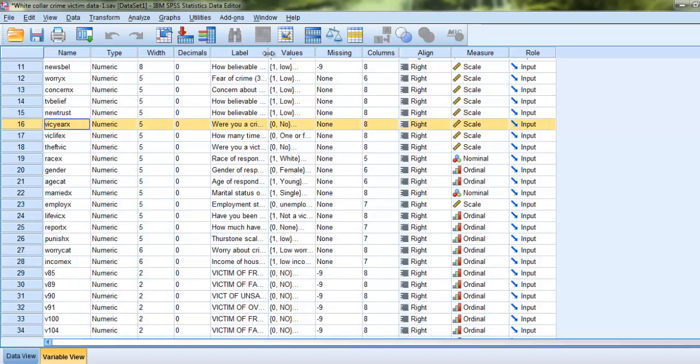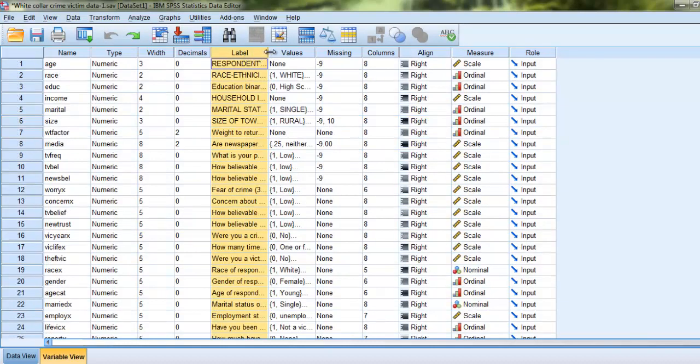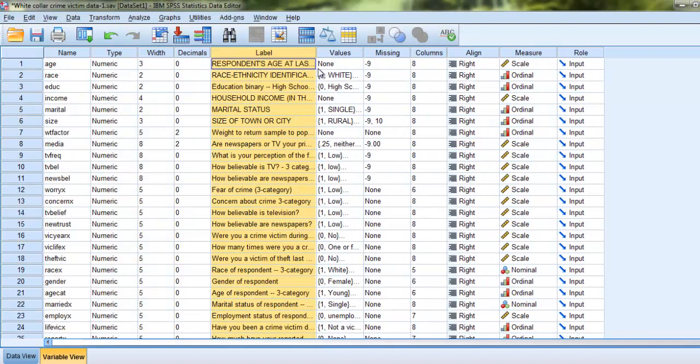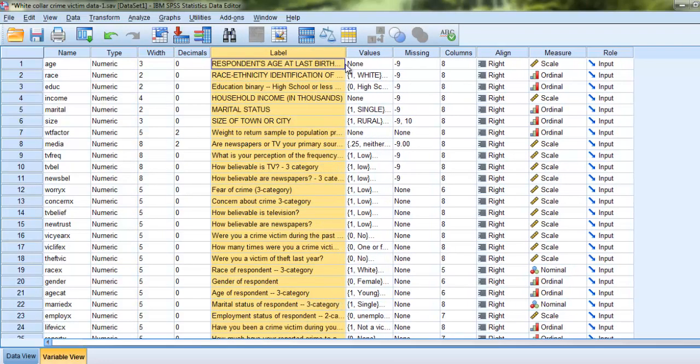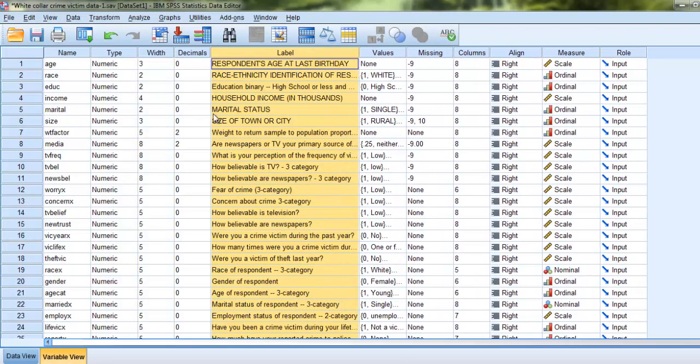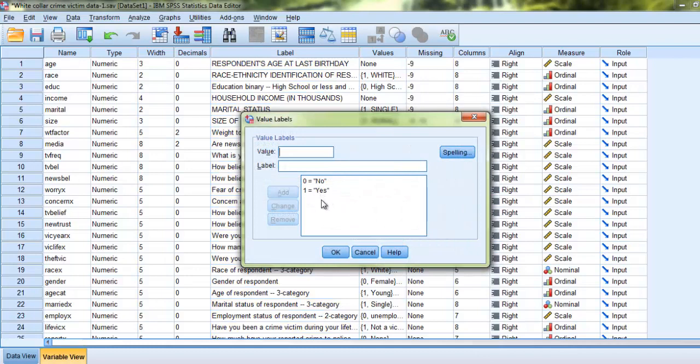I expand my label column a bit. You can see in row 16, were you a victim of crime in the past year? And our answer choices are no or yes.